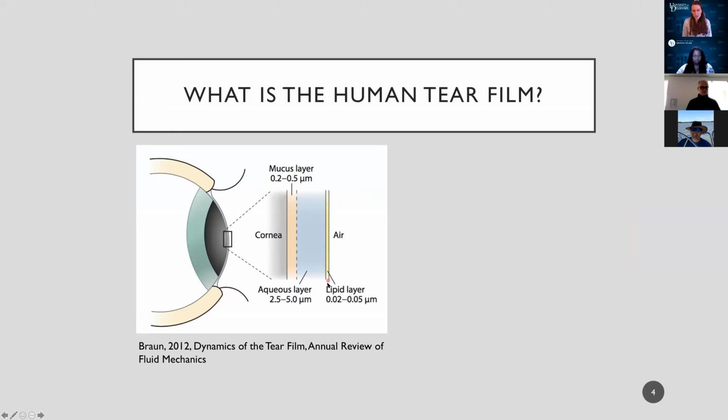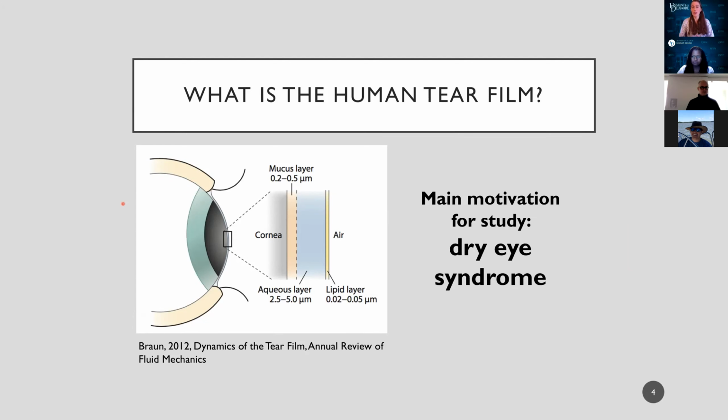There's a thin, oily lipid layer on top that, when correctly organized, is a good barrier to evaporation. And there's a mucin layer here that sits right on the cornea or the eye. Our main motivation for studying the tear film is for the applications in dry eye syndrome, which I'll get into in a moment.